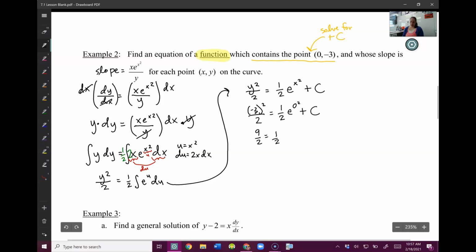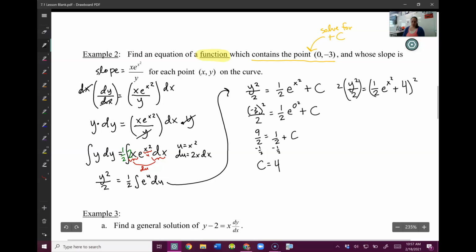So this is just going to equal 1/2 plus c, minus 1/2 is going to be 8/2, which is 4. So now I've got y squared over 2 equals 1/2 e to the x squared plus 4. I know what c is, but it's still not a function, so I need to solve this for y.